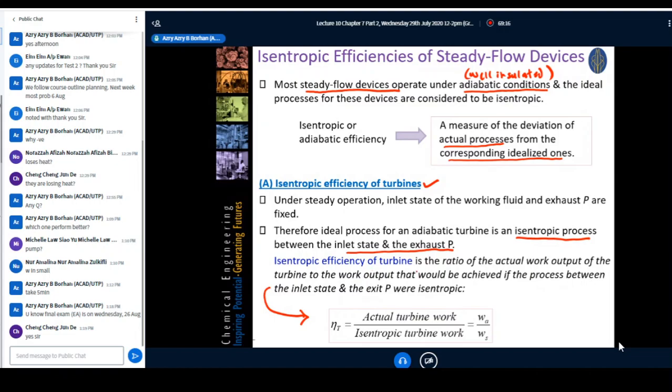So here, if your actual turbine work is approaching your Ws, that means your turbine work is approaching the isentropic. So that means your isentropic efficiency of the turbine should have a higher value, right?